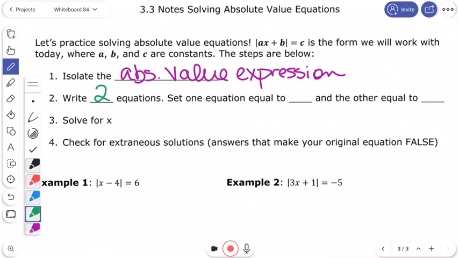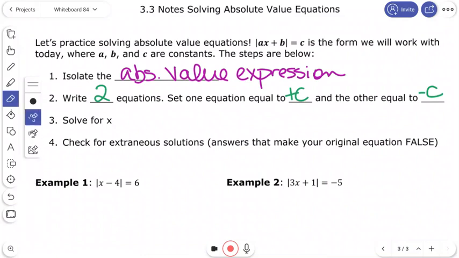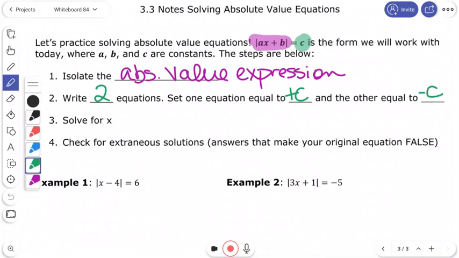We're going to set one equal to positive C, and we're going to set one equal to negative C. So basically, what do I mean by that? Once we get it set up into our absolute value expression being isolated, we have this value over here on the right side. We're going to set it equal to the positive value of that, and then we're going to set it equal to the negative value of that. So that's our second step.